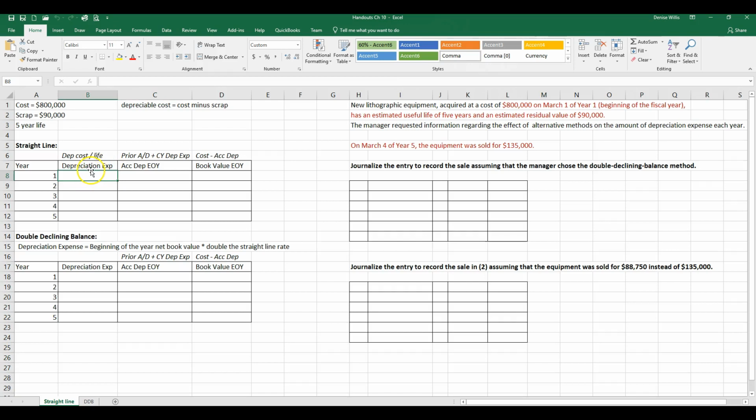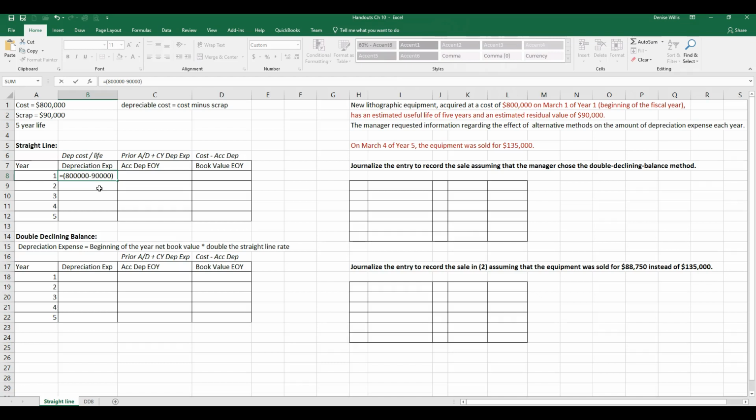It is the easiest. Okay, so depreciation expense, I put a little note up here to remind you: depreciable cost divided by life gives you depreciation expense for any given year. So let me go ahead and just type it out. This equals the depreciable cost. I already said that was the $800,000 minus the scrap.